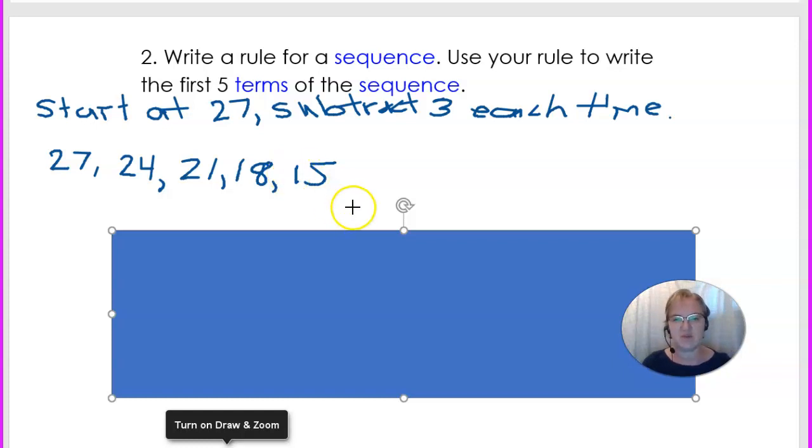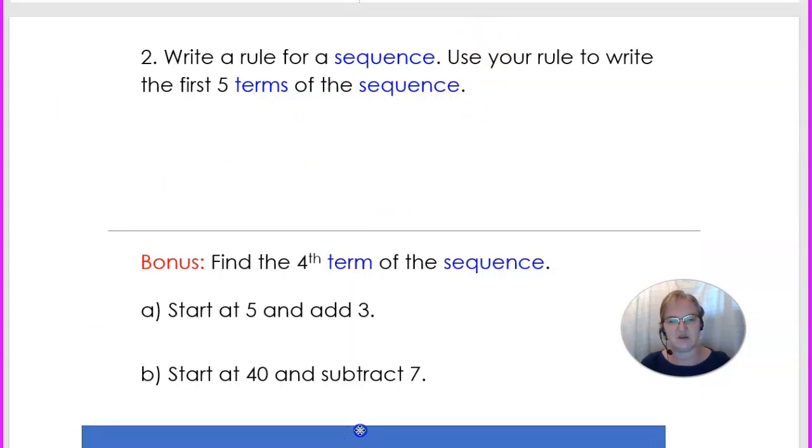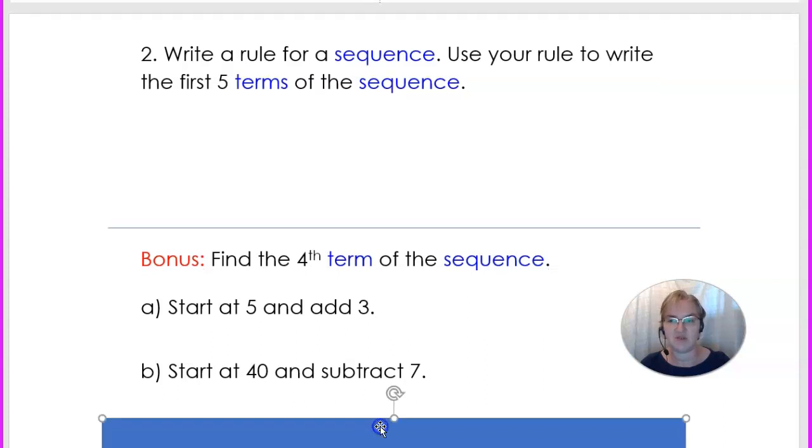Now, if you would like a bonus question, I'm going to let you do this one. I'm not going to help you with it, but here's a bonus to find the 4th term of the sequence. Because sometimes you don't need to find all of the terms. Sometimes you just need to find some of them. So if you start at 5 and add 3, what will the 4th term be?